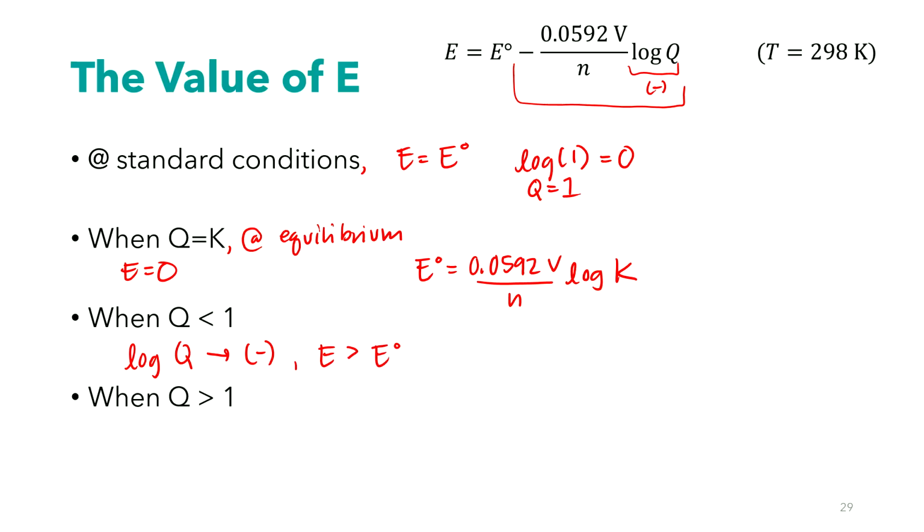And if Q were greater than 1, then the log of Q would be positive and E would be less than E naught. Okay, so that's just some conclusions you can take from looking at the Nernst equation.